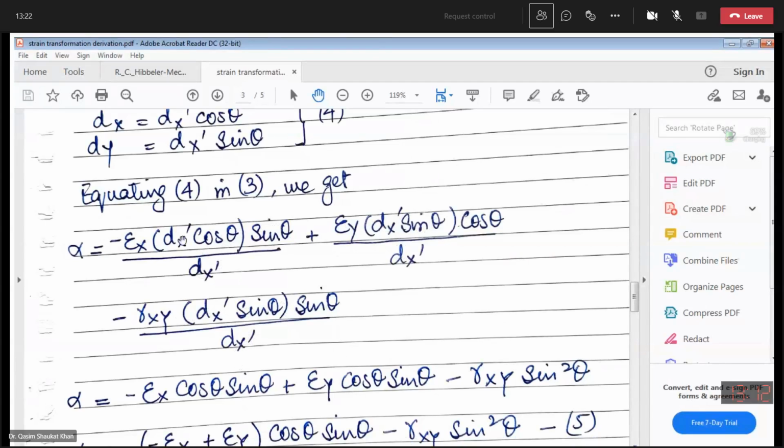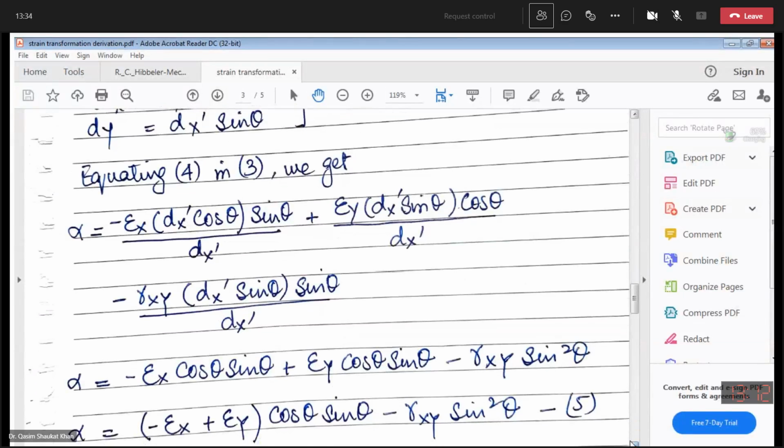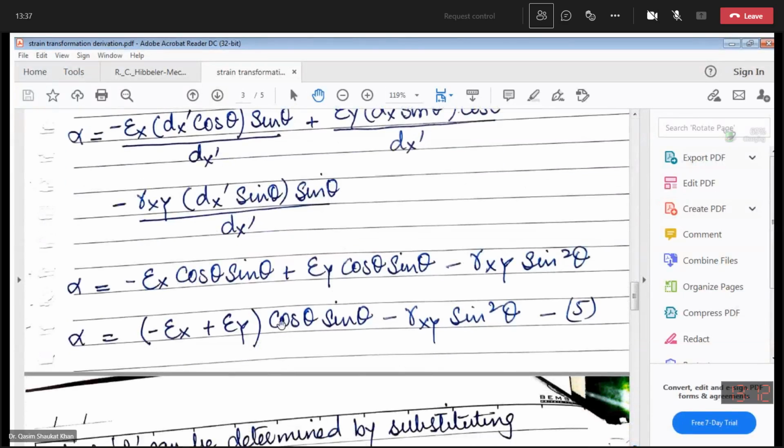So when you will cancel out dx dash, you will get this: minus epsilon x cos theta sin theta plus epsilon y cos theta sin theta minus gamma xy sin square theta. In this case, you have not put the identities in this equation. The reason is that your gamma x dash y dash is basically change in the angle, which was alpha minus beta.